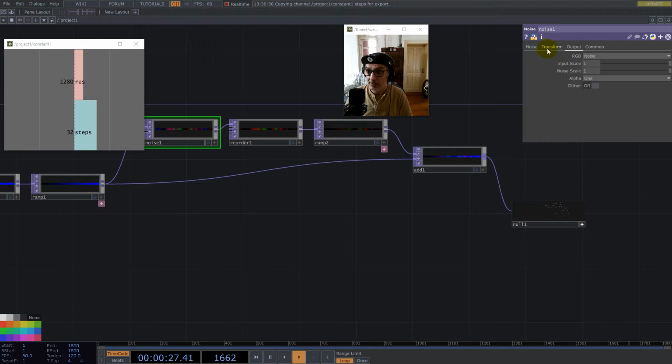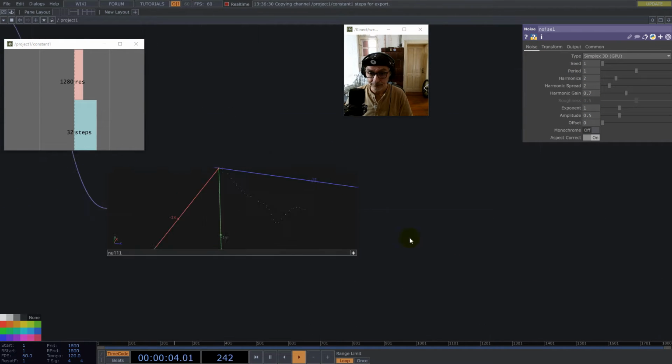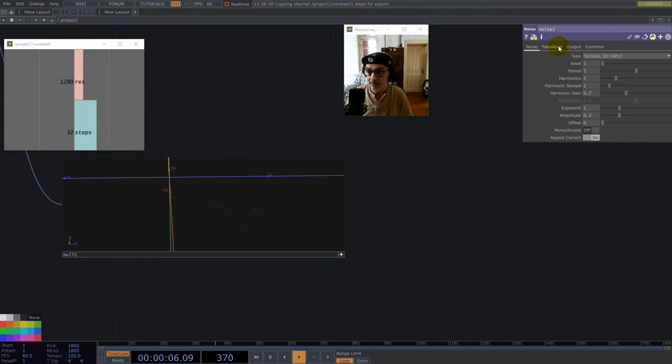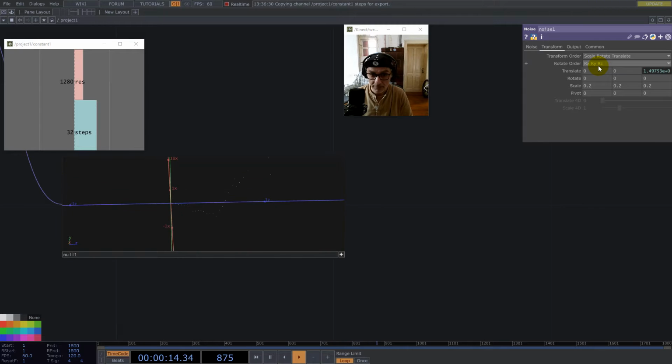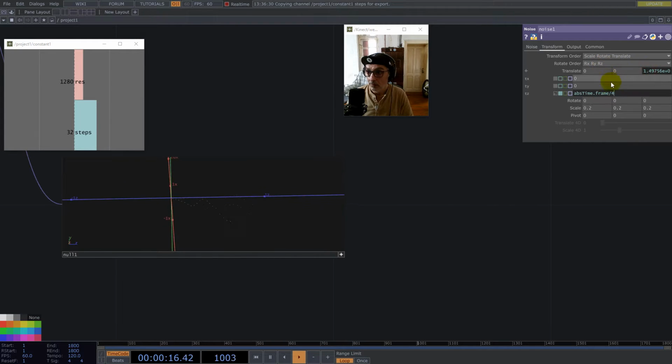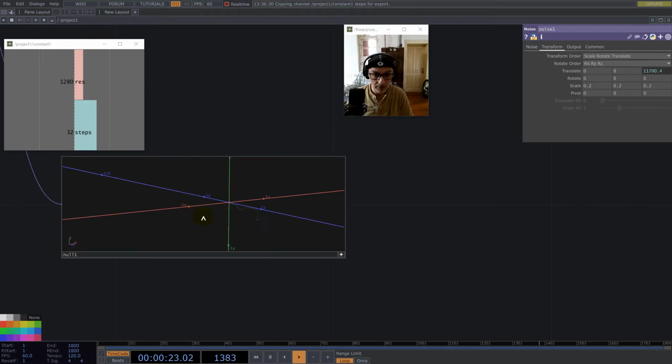Obviously the noise is a bit too crazy, so let's reduce the scale to 0.2. And yeah, make this moving by having translate on z absTime.frame divided by 4, or way more. Okay, so 512.